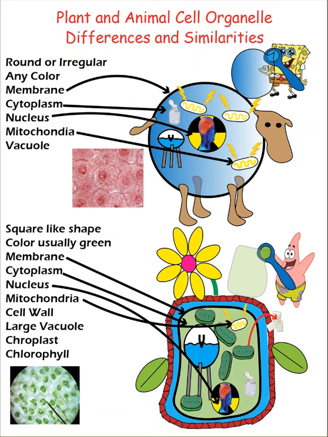And if you notice the difference between the animal cell mitochondria and plant cell mitochondria, you probably picked up that there are a lot more mitochondria in animal cells than there are in plant cells. And the reason for this is plants have a different way of getting energy, and that second way is through sunlight.